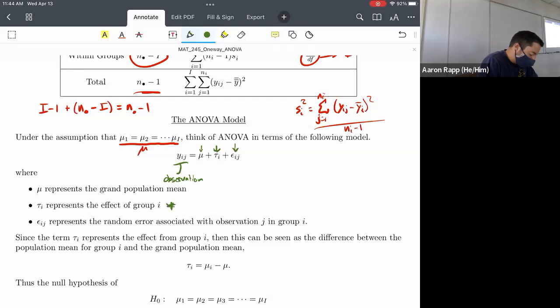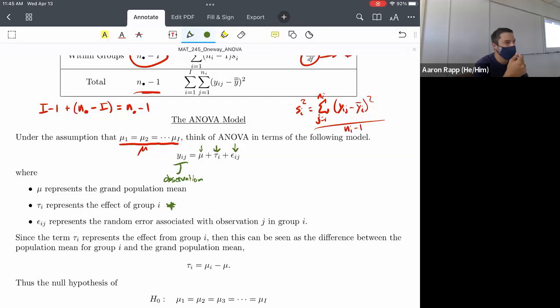The tau is just representing the effect from being in that particular group, right? We would expect that there's still some overall mean for the entirety of this data, regardless of which group you're in. But then depending upon which group, there's probably going to be some added or subtracted effect. Right? I could be adding or subtracting a 1 or adding or subtracting a 2 to the total mean.